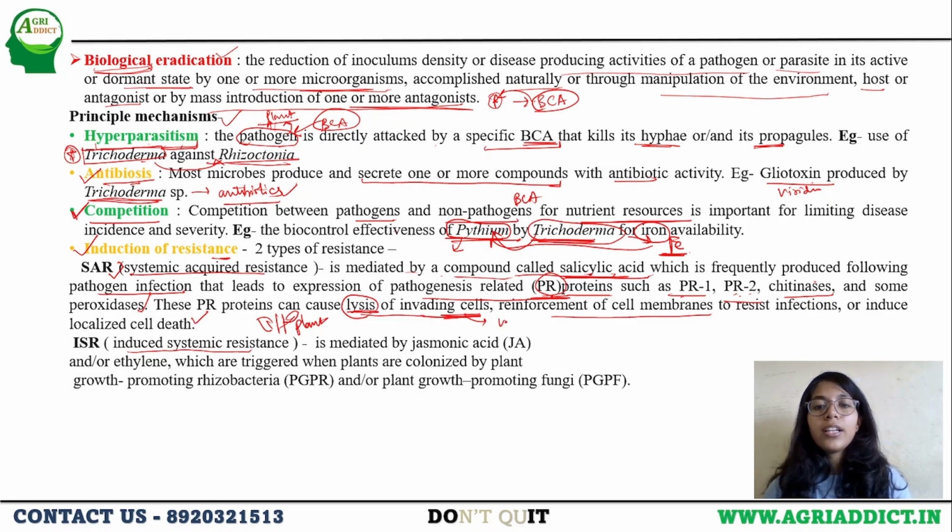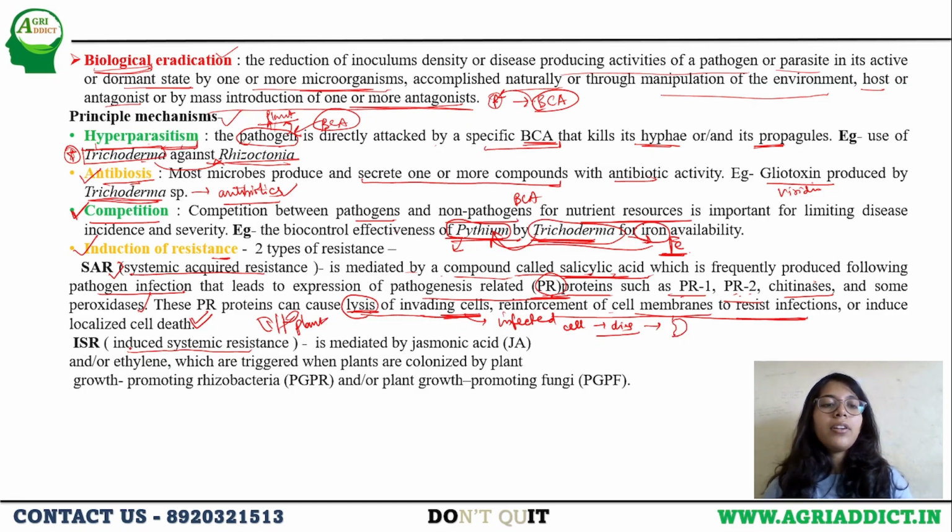It reinforces the cell membranes to resist infection and induces localized cell death. So the infected cells die, and it ultimately leads to the eradication of the pathogen from that plant part.